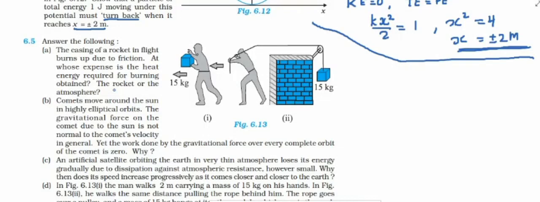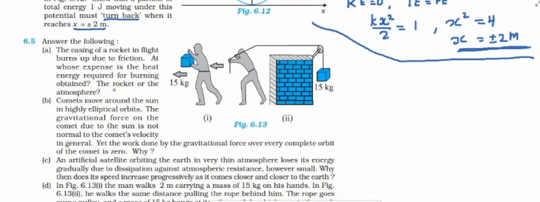You know, when you do work against friction, heat is produced. Even when you rub your palm, heat is produced. What is the reason? You are doing work against friction. Because of your work, heat energy is produced by friction.